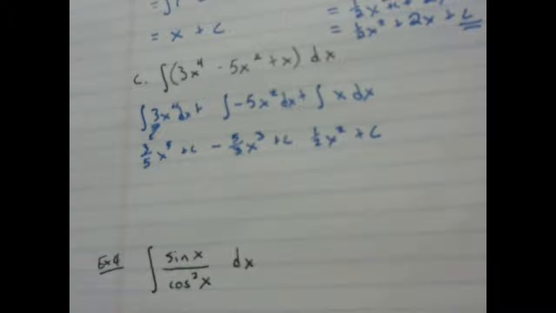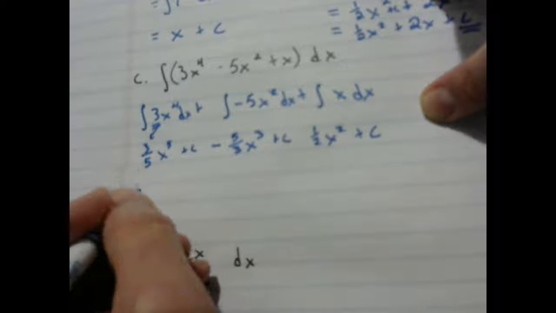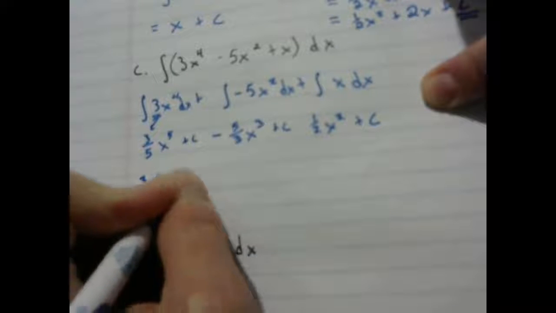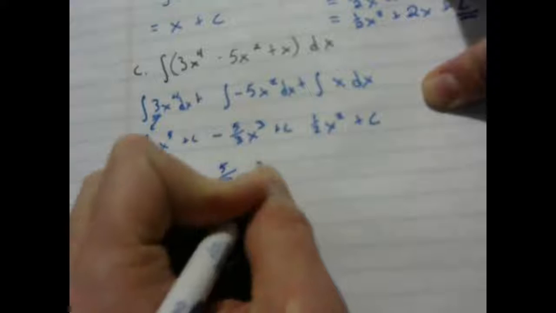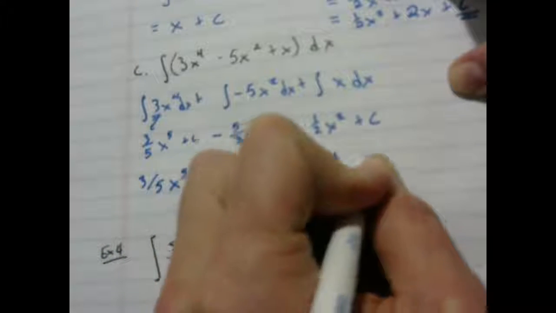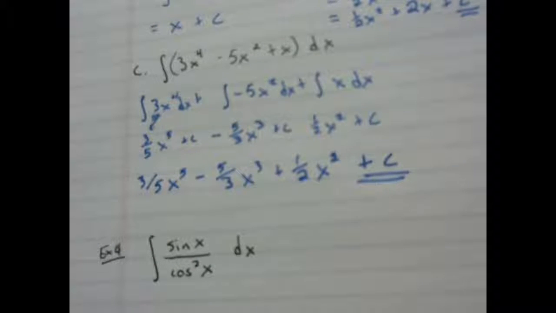All right, now I'm just going to clean this up a little bit more. Keep my highest exponents, I have them in the correct order, so I'm just going to rewrite this. Hopefully you can see this one. 3/5 x to the 5th minus 5/3 x to the 3rd plus 1/2 x squared. And then don't forget that plus c at the end. It's only 1 plus c.